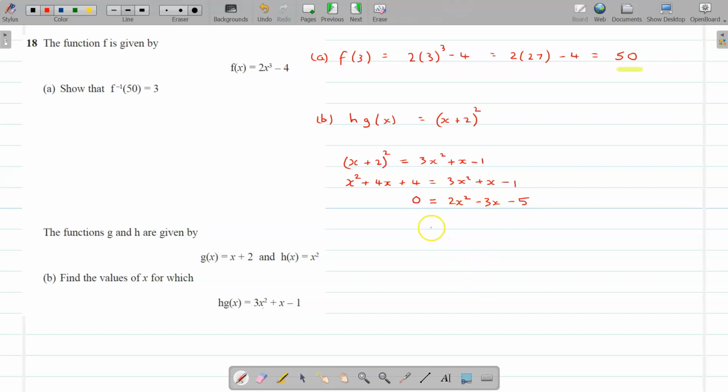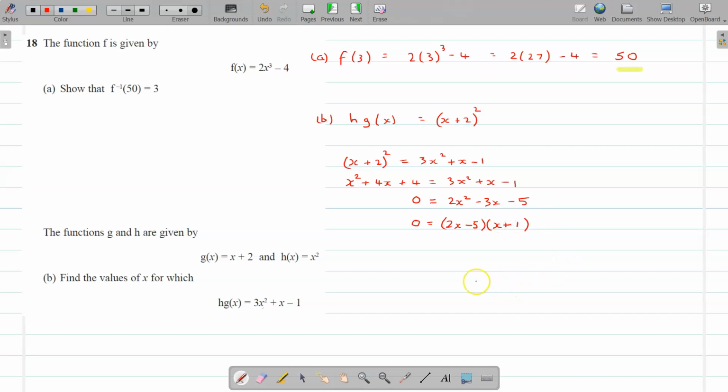Okay, that's a quadratic, and it factorizes into (2x ... )(x ... ), with 5, and we've just got to put a plus or minus sign in there in a moment, and I think we will find that it will be minus 5 and plus 1.